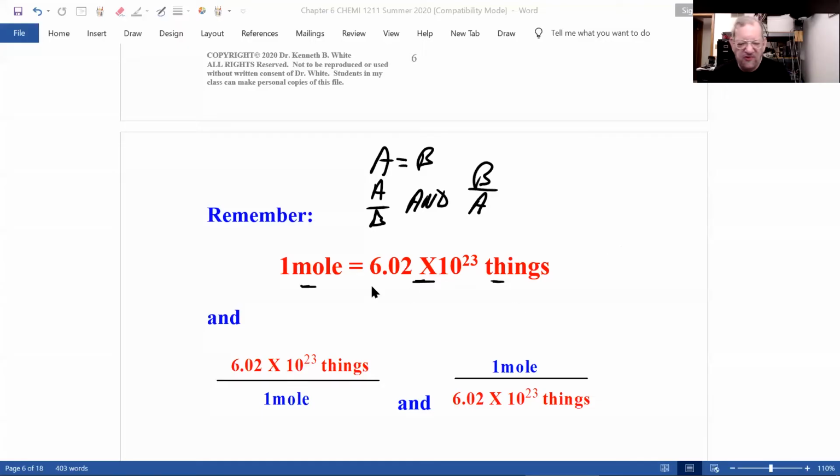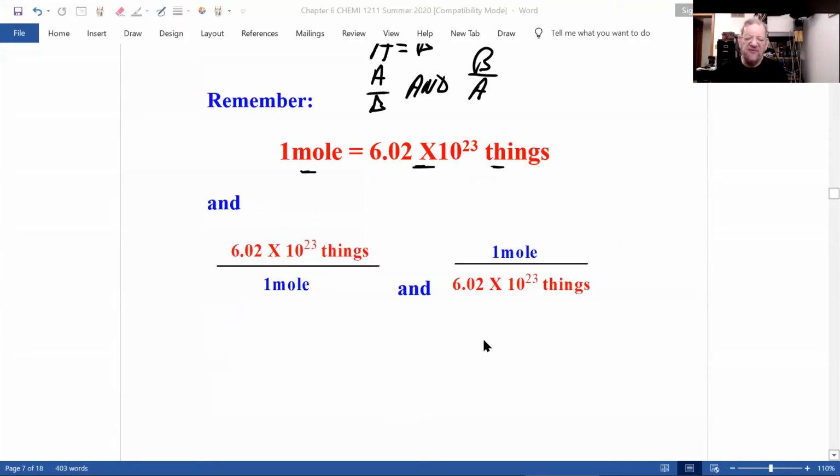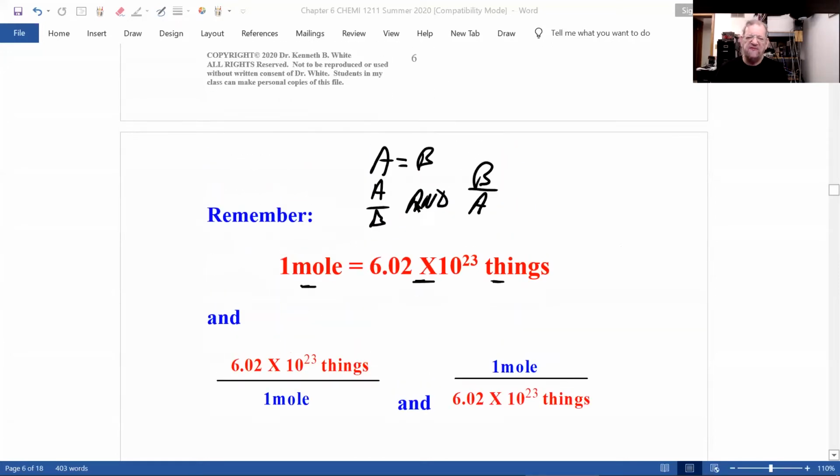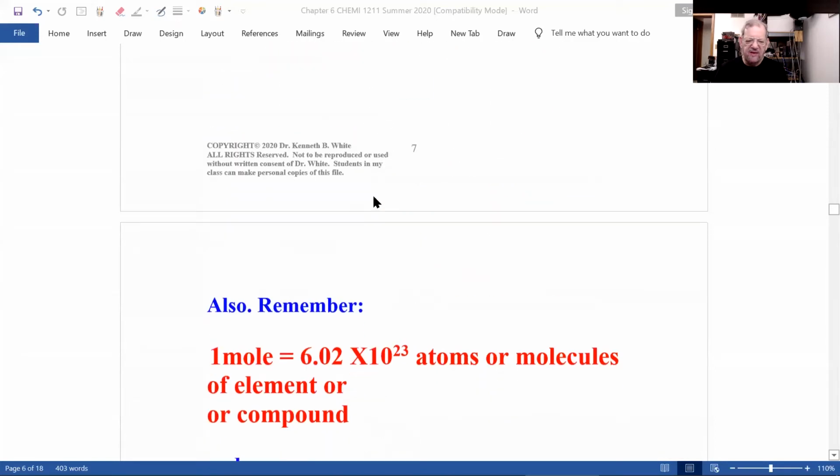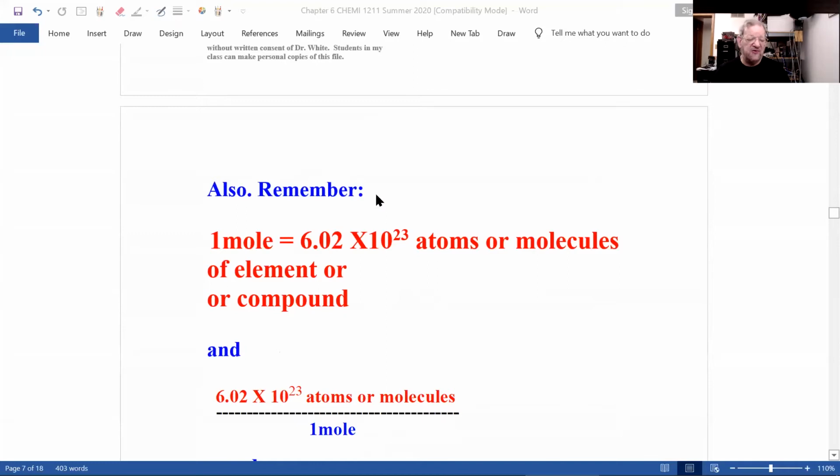All right. Now, once you know this, you can write 2 ratios. You don't have to memorize this, but you should be familiar with this. Now, in chemistry, what are the things we count? Atoms and molecules.